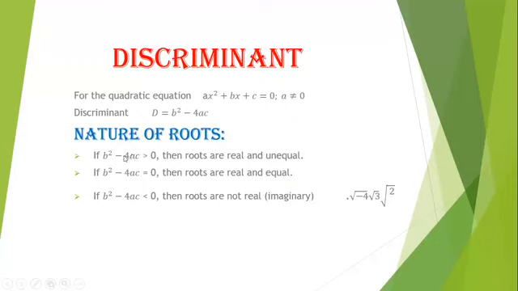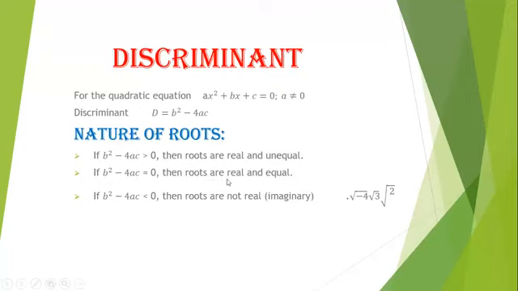If b square minus 4ac is greater than 0, then roots are real and unequal. They will be unequal because we use the formula once with a plus sign and once with a minus sign, so we get two different values of x. But if b square minus 4ac is equal to 0, then the square root part will become 0.